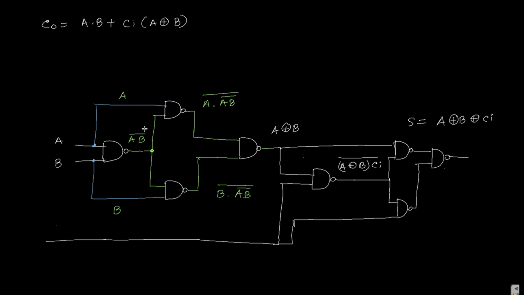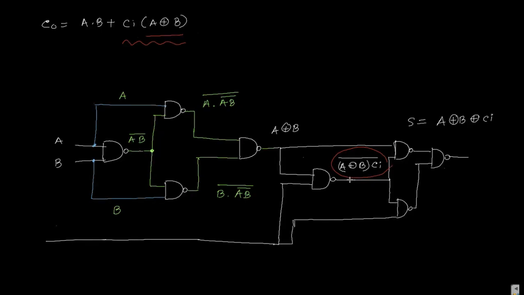We take A dot B. Okay, so if we take A dot B at this point, and if we take A XOR B, Ci and A dot B, so here this expression is A XOR B dot Ci.